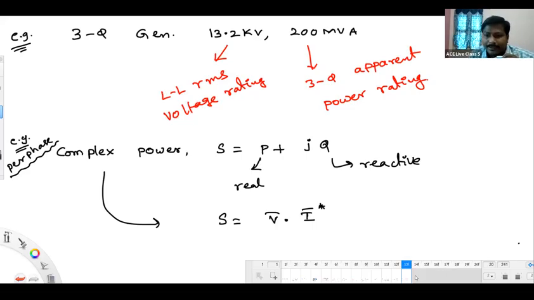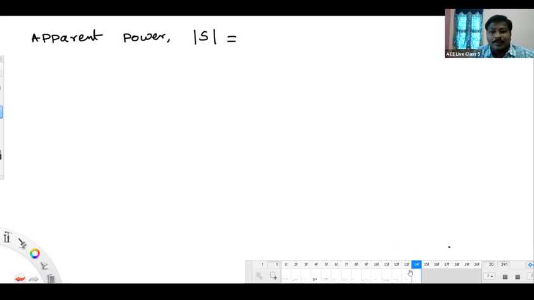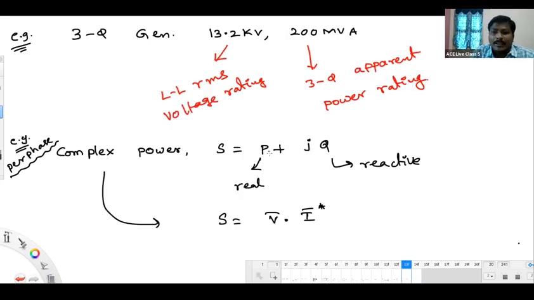All of you getting me? Right. So apparent power is nothing but the magnitude of the complex power, so modulus of S. And modulus of S you can write as square root of P square plus Q square.